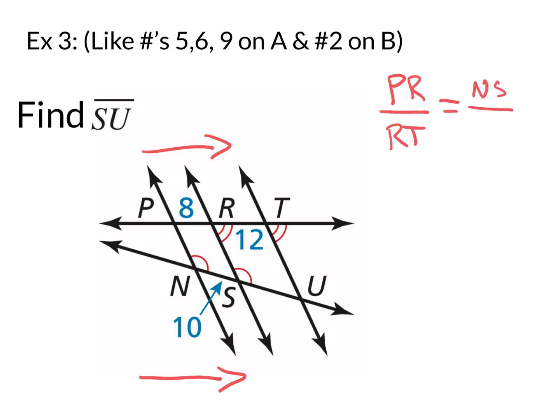So Giovanni said NS over SU. So let's plug it in. Jacob, the left side, PR over RT, what's the numbers I plug in for that one? 8 over 12. And Cinnamonson, what's the right side going to be?